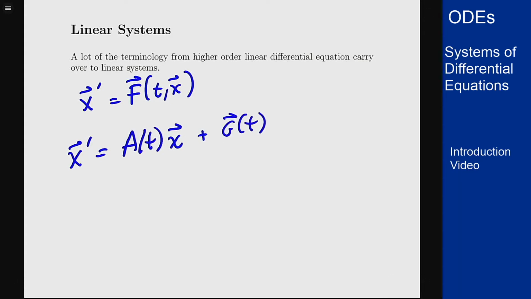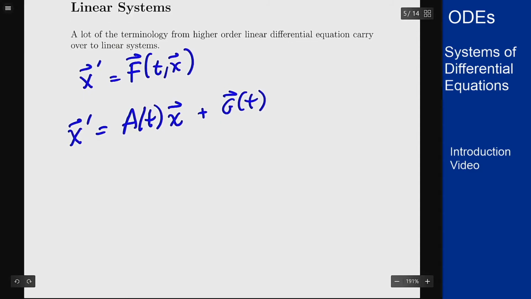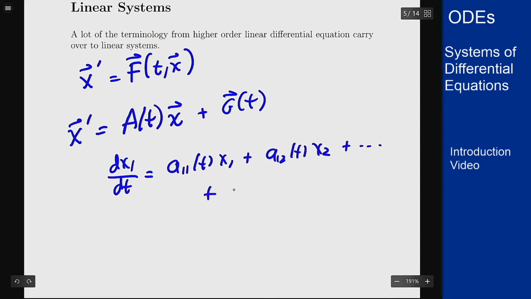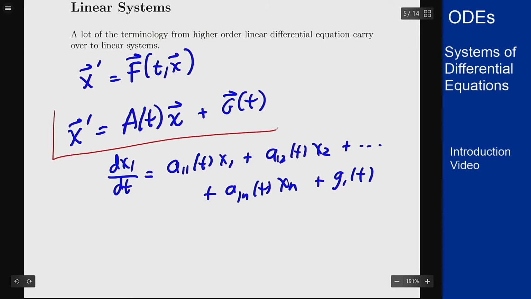It comes from the fact that, in this sort of system, if it's linear, then dx1/dt can't be any more complicated than some a11 of t times x1 plus an a12 of t times x2 plus an a1n of t times xn, and then plus some function g1 of t. And if I collect all of these a functions into a matrix, this big matrix A of t here, then I get the equation written in this form.